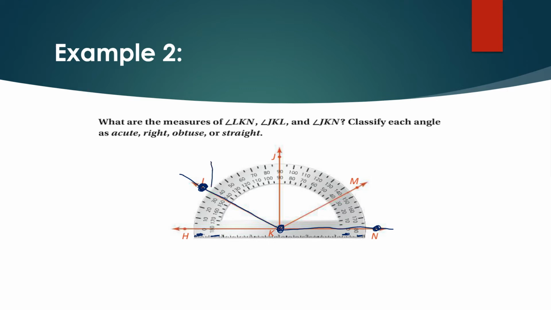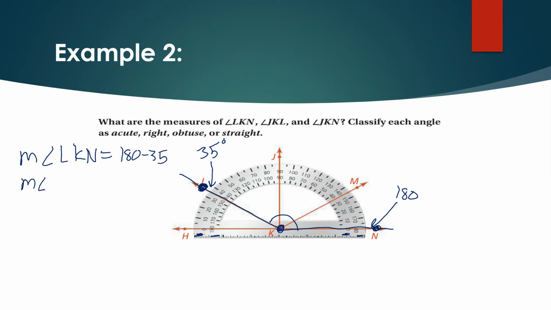My coordinate here, it's a little hard to see because it's covered up, but this is between 30 and 40, so this is a 35 degree measurement. And because I'm staying on the outside, my number over here is 180. So the measure of angle LKN is going to be equal to 180 minus 35.